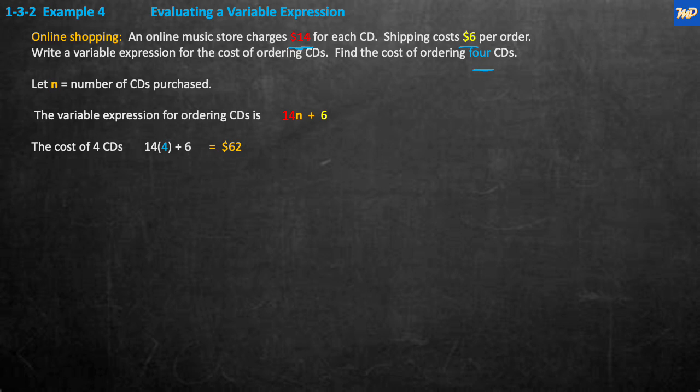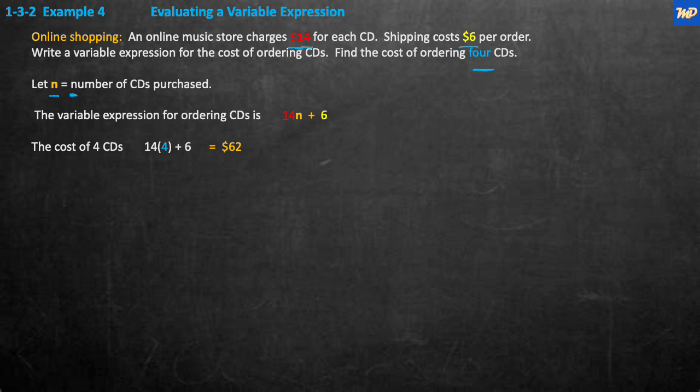So if we let N be the number of CDs they're purchasing, right? Write a variable expression for the cost of ordering a certain number. So we want N to be the number of CDs purchased. Remember I talked about using the N here, equals the N there, so now I know the number of CDs.